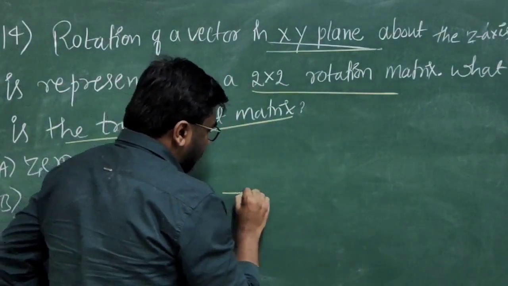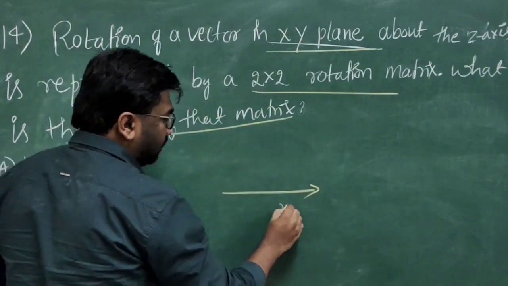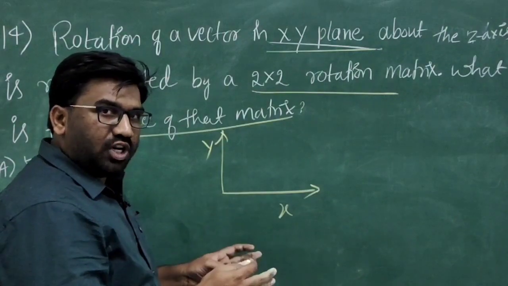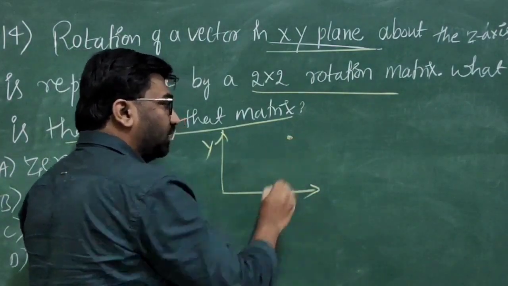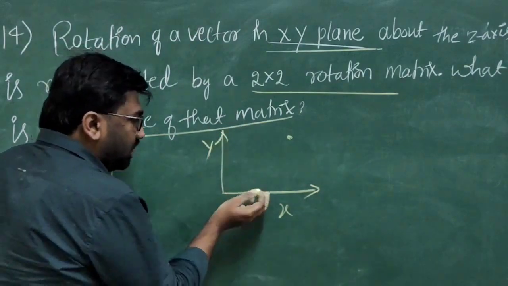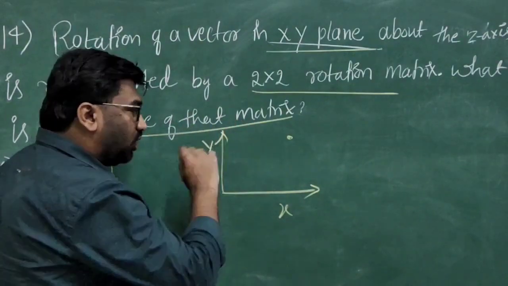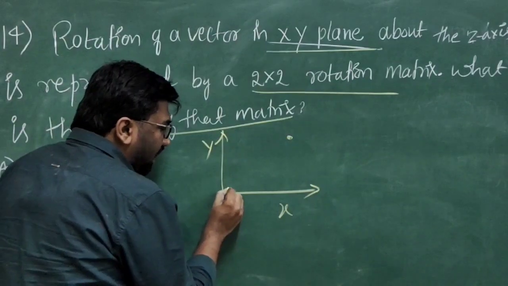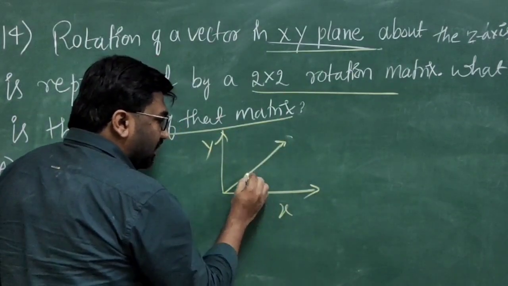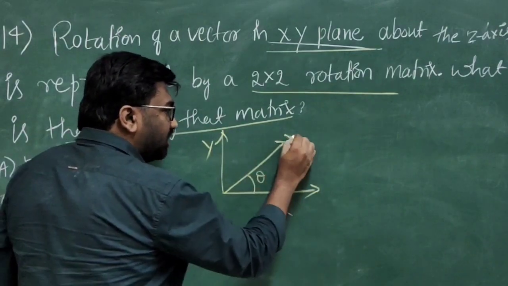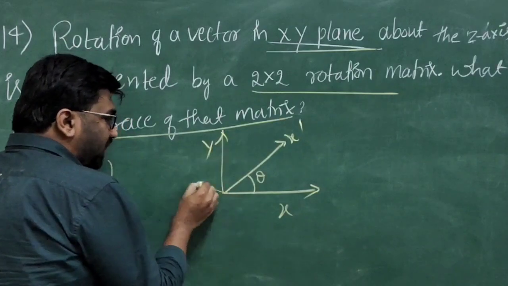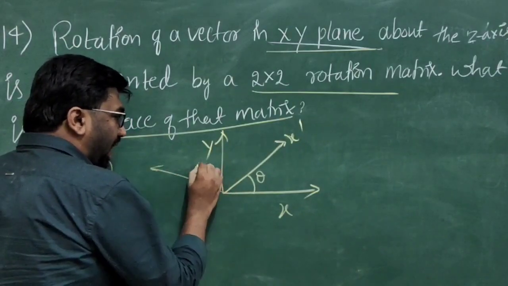So let us consider the x and y axes. This is the old coordinate. In this old coordinate there is a particle. Now it is rotating, so that means the coordinate is rotating. Now x changes to x prime, which makes some angle theta, and y changes to y prime, which makes some angle theta.